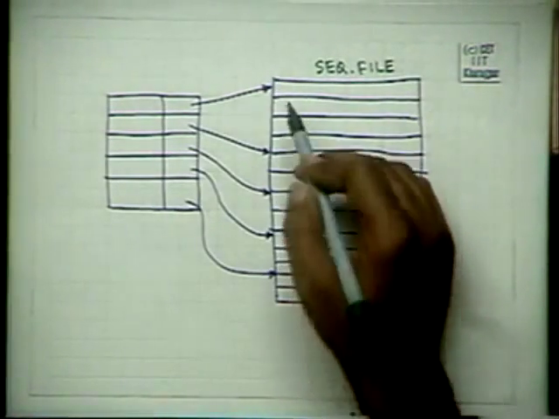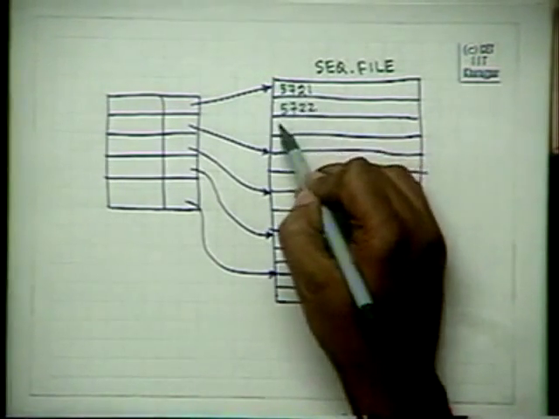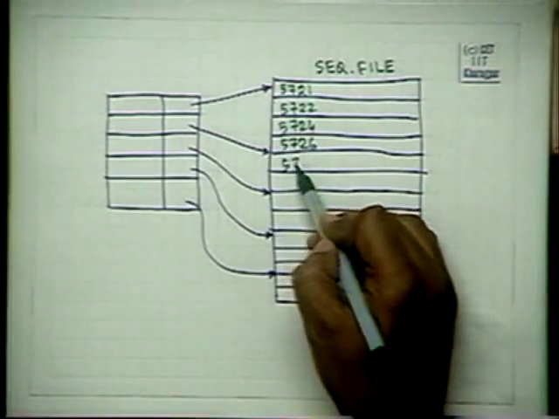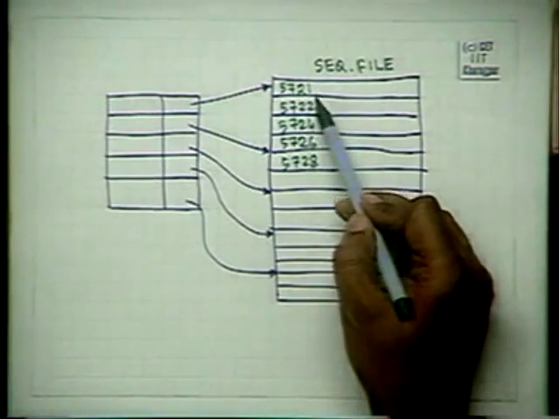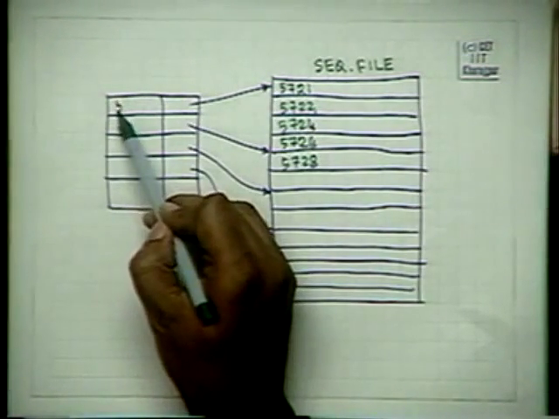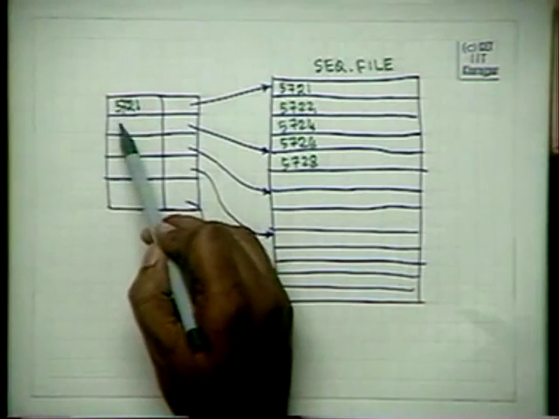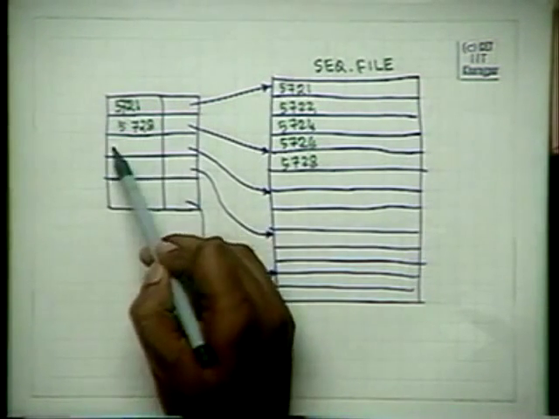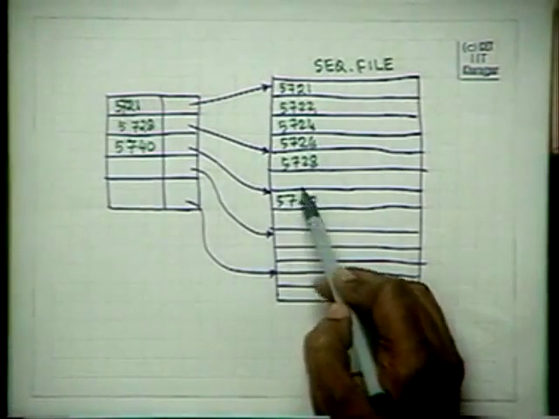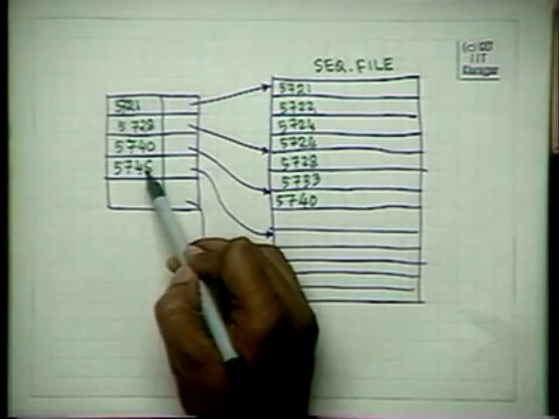I am not drawing them. 5721, 5722, 5724, 5726, 5728, and here we will maintain some of the accession numbers: 5721, 5728, 5740, maybe this one starts with 5740, 5748.